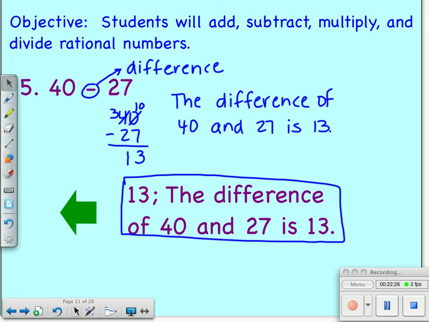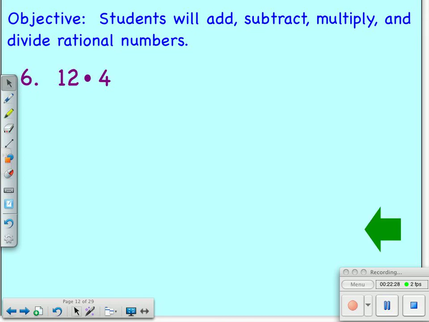Moving on to number 6, 12 times 4. We're going to give the value. 12 times 4 is 48. And we're going to write this in words. Multiplication means product.